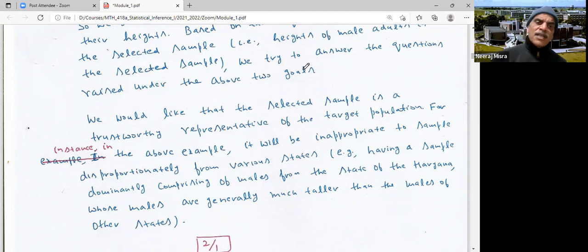So such a sample will not be a true representative of the population. If all your sampling units are from Haryana state, that is not a true sample. So you would like your sample to be a true representative of the target population.